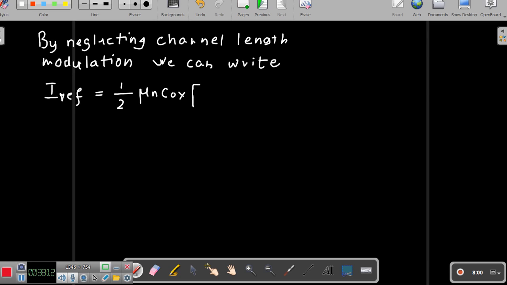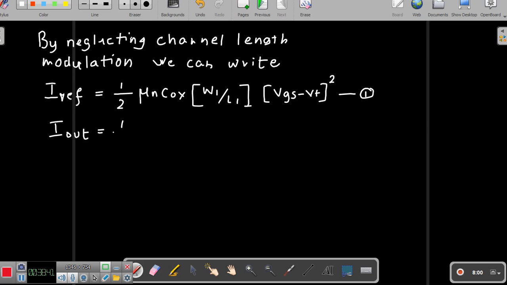Now the first transistor, let me take this as W1 by L1 as far as the first transistor M1 is concerned, right? So this into (VGS minus VT) whole square. This is my equation number 1. Then the output current I out, the expression for I out is given by 1 by 2 mu n COX.